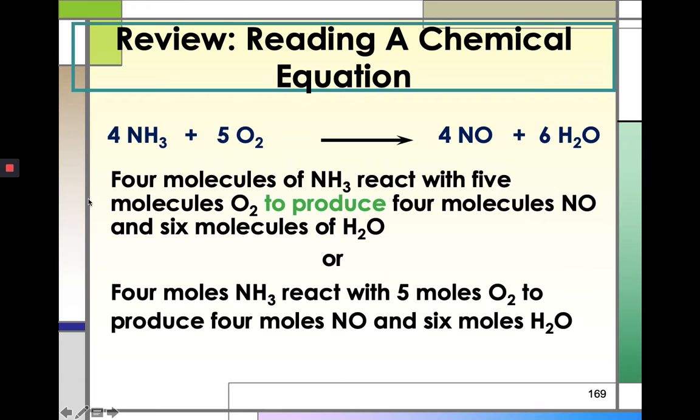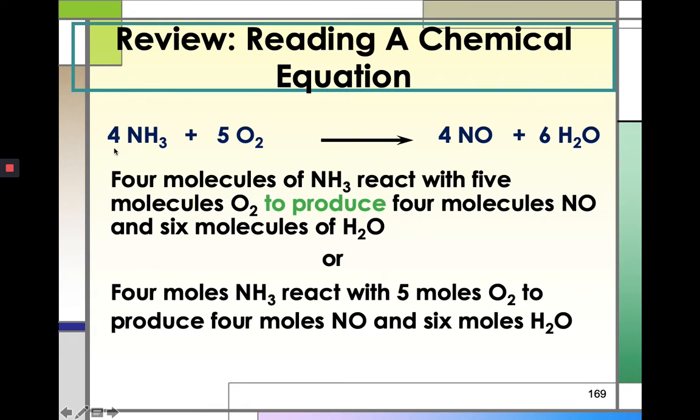So in here, we are given this balanced chemical equation, and this is trying to tell us that four molecules of ammonia, or NH3, reacting with five molecules of oxygen gas will be producing four molecules of nitrogen monoxide and 6 molecules of water, or 4 moles of ammonia, NH3, will react with 5 moles of oxygen gas to produce 4 moles of nitrogen monoxide and 6 moles of water.